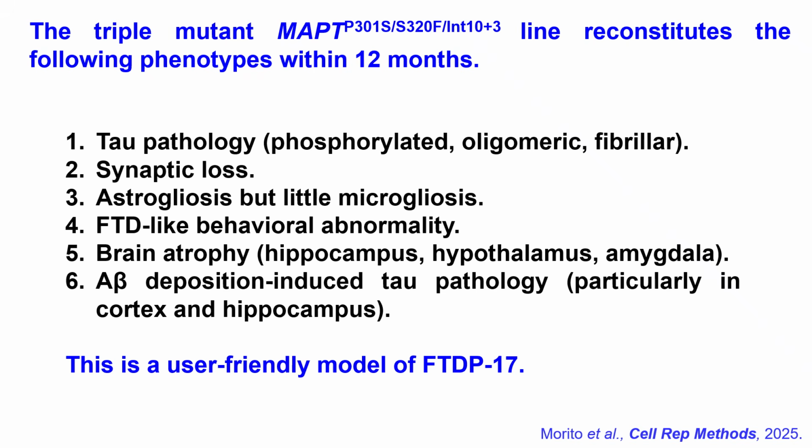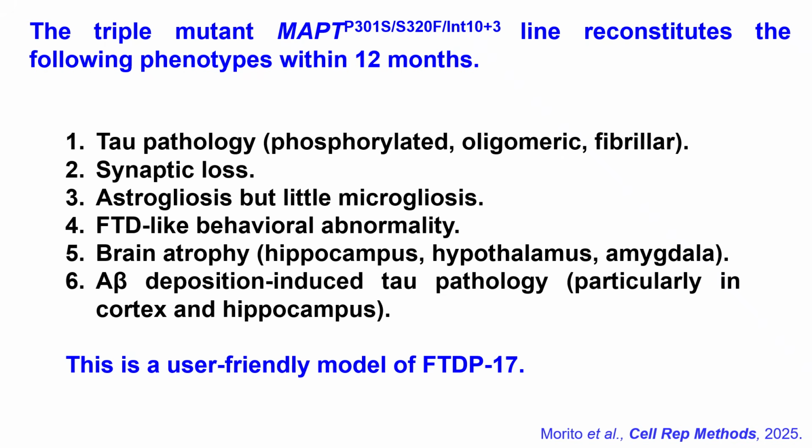Tau pathology: phosphorylated, oligomeric, fibrillar. Synaptic loss, astrogliosis but little microgliosis. FTD-like behavioral abnormality. Brain atrophy in hippocampus, hypothalamus, and amygdala. A-beta deposition induced tau pathology, particularly in cortex and hippocampus.